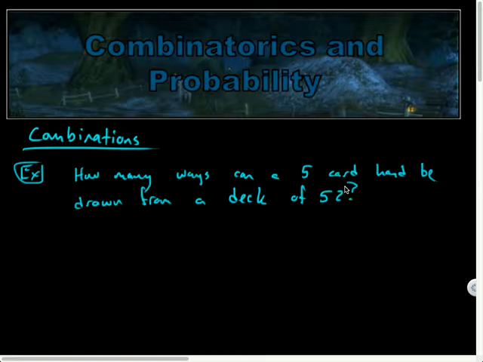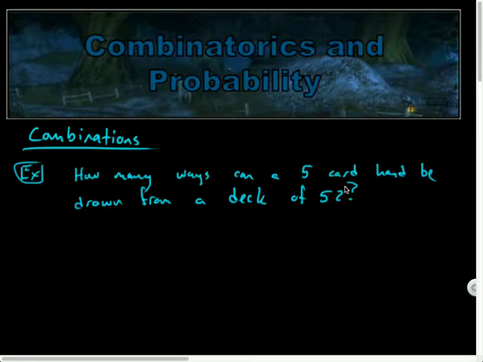If I draw cards from a deck of 52, I guess there's some games where maybe the order would matter. But assume that I drew all the cards simultaneously, and then I put them into my hand and looked at them.